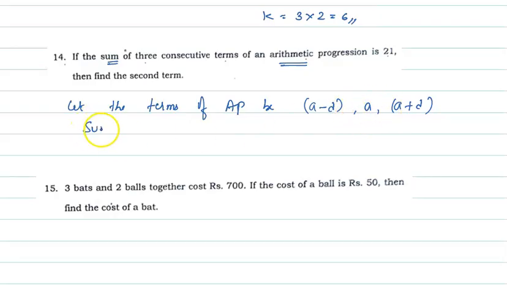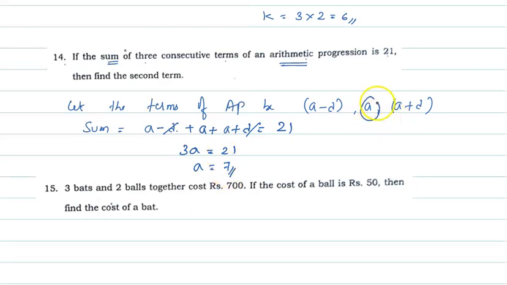What is the advantage of taking these as the terms? When we take the sum, the D term will get cancelled and we get the value of A, and that value of A is 7, and it is the middle term here. Therefore the second term is A, it is nothing but 7.